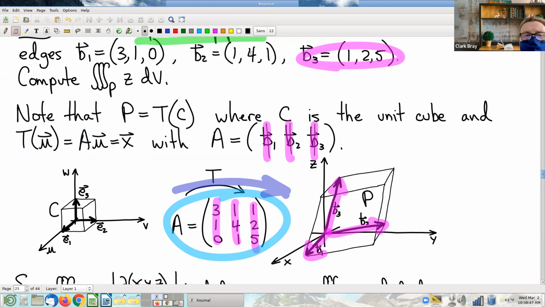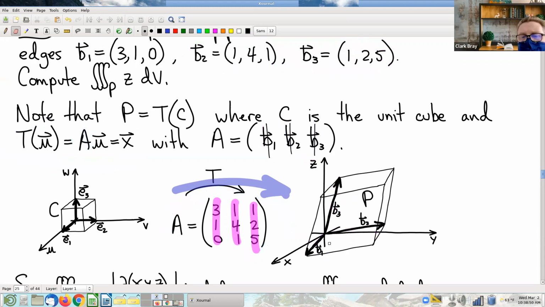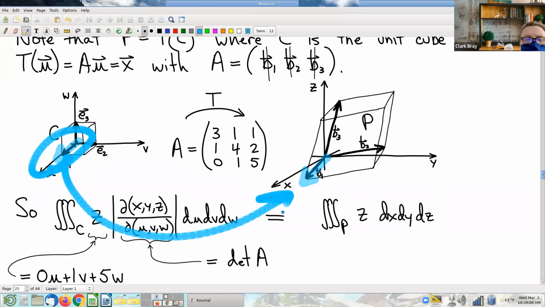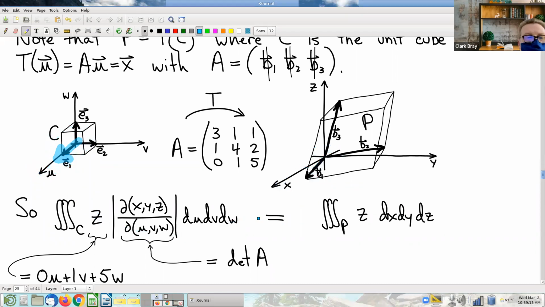Now, how am I going to persuade you that it does what we want it to do? Well, I'm going to confirm directly that this e1 edge of the unit cube, its image is this edge of my given parallelepiped. How do I know, in other words, that this goes to there? Well, follow the rules. What's the image of a standard basis vector?